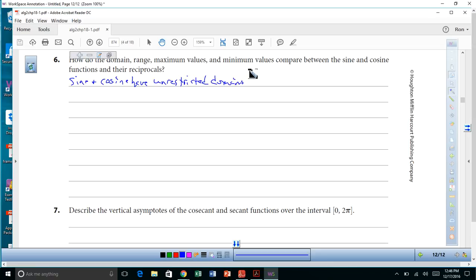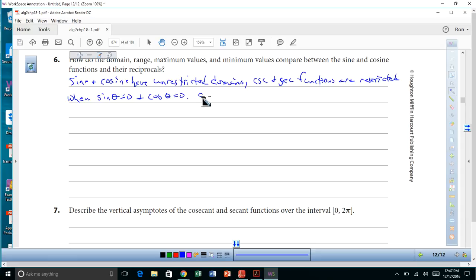In other words, there's nothing undefined in them. The cosecant and secant functions are restricted when sine theta equals 0 and cosine theta equals 0, respectively.